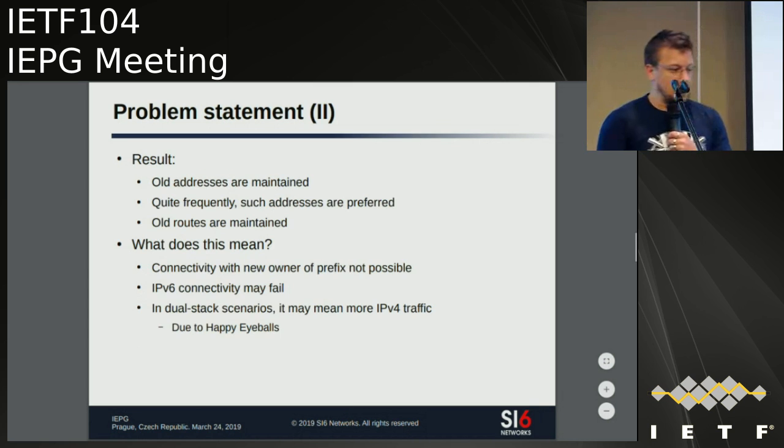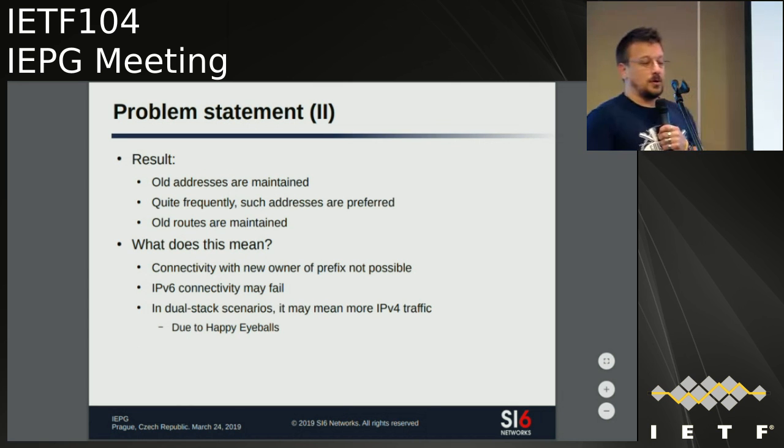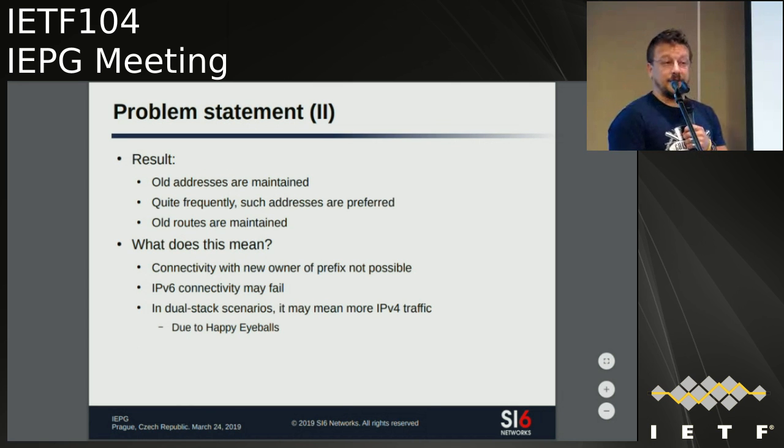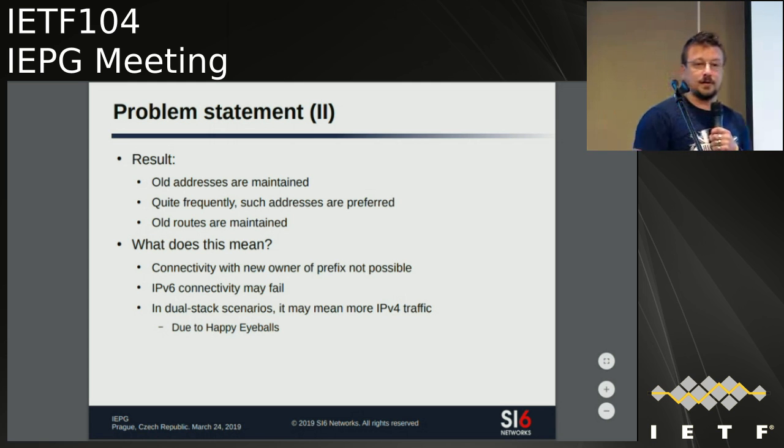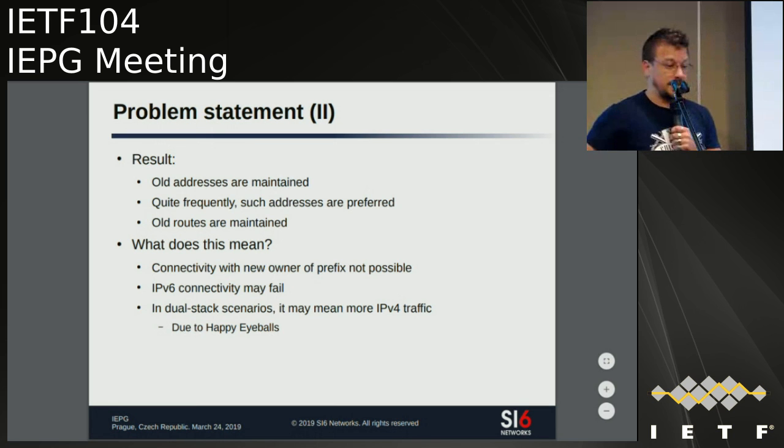So essentially the old addresses are maintained. Quite frequently, the old addresses are preferred, and obviously also the old routes are preferred, meaning the old prefixes are considered on link, and the addresses that you had configured before are still preferred. So you keep the old addresses and you configure additional addresses.